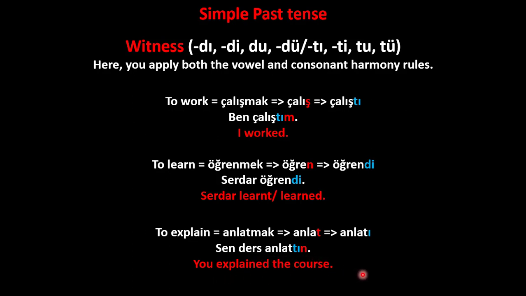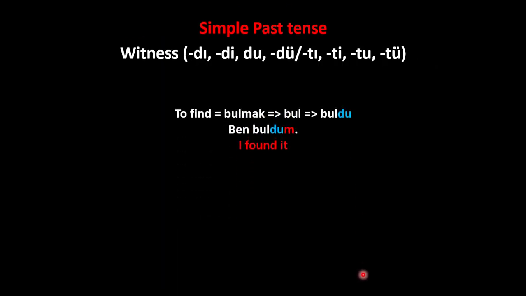Still on these other examples, to find, bulmak. Bul, buldu. Ben buldum. So we are still following the harmonization rules. That's why we chose u to harmonize, and l is a soft consonant, so therefore we chose the d.